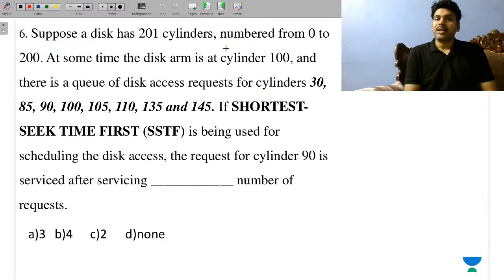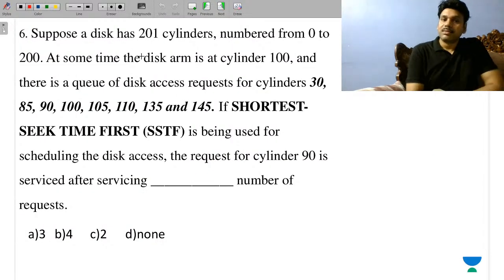Now if you look at the sixth one, the disk has 201 cylinders. So it is at 100, the same question.